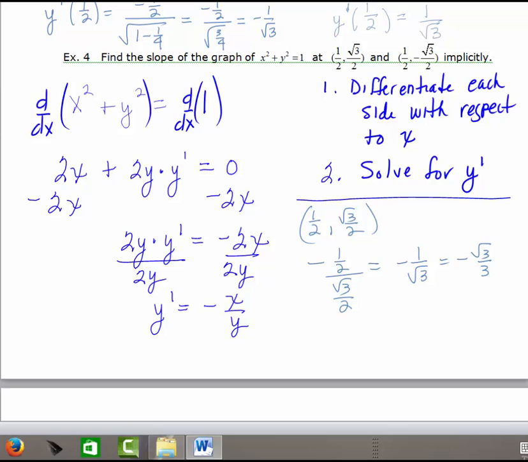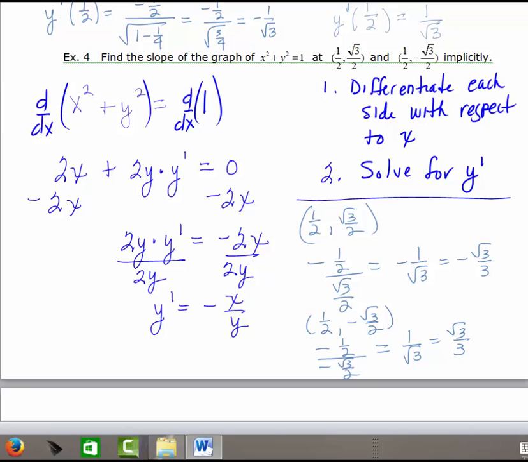If I want to evaluate the slope at the second ordered pair, that ordered pair is 1/2 negative square root of 3 over 2. I'm going to get the opposite of x, which is negative 1/2, all over negative square root of 3 over 2. This is going to be positive 1 over the square root of 3, or the square root of 3 over 3.